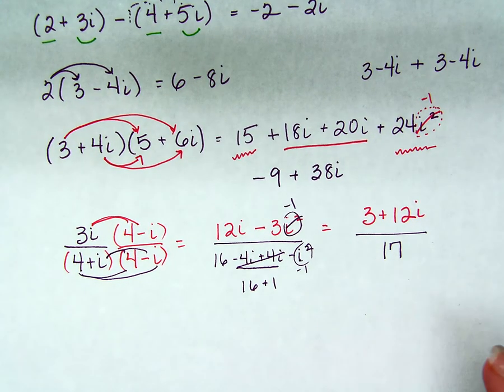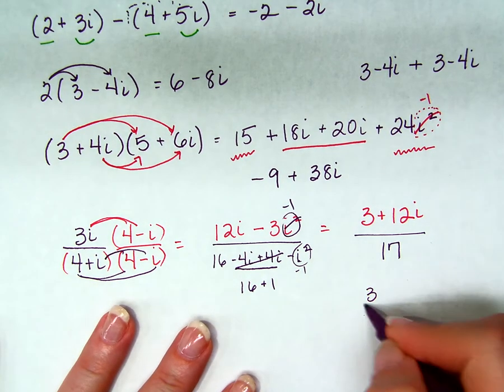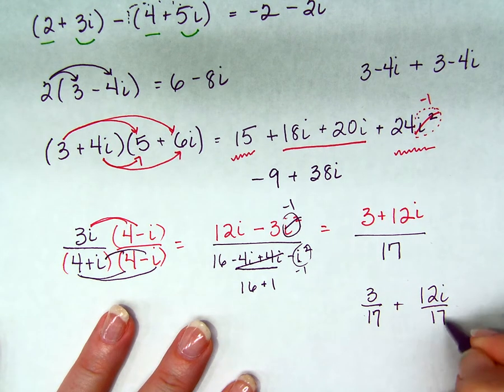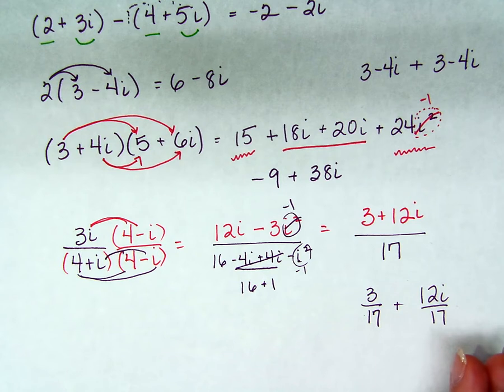Okay? Now, I don't know if you have experienced too much of this, but sometimes your MyMathLab program can be picky about how it wants the answers. Okay? Sometimes it'll take this as the answer. Sometimes it will not, and it wants this as the answer, because it wants the real part separated from the imaginary part.